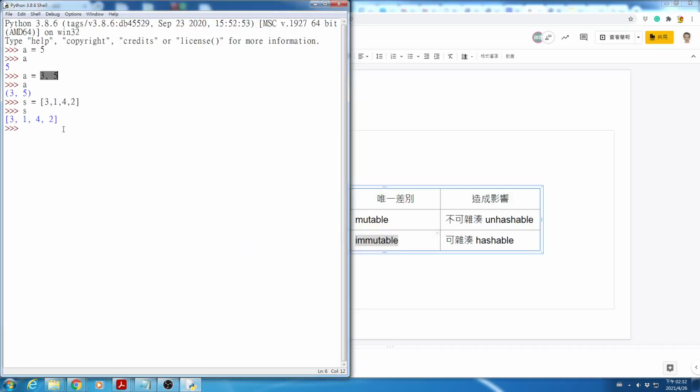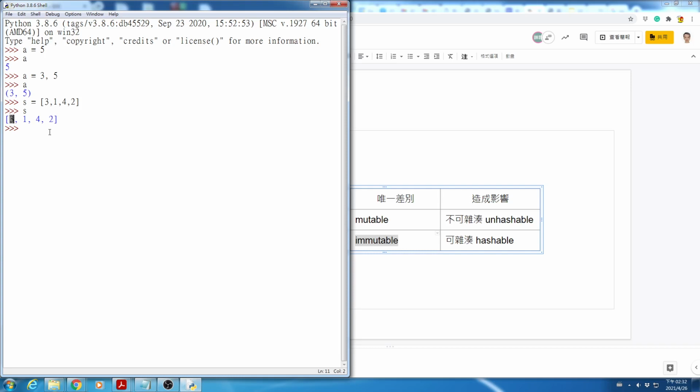Look carefully. We have a list S, and there are 4 values in this list, which are 3, 1, 4, 2. Can I change one of these 4 numbers? For instance, can I change this 3 into 7?